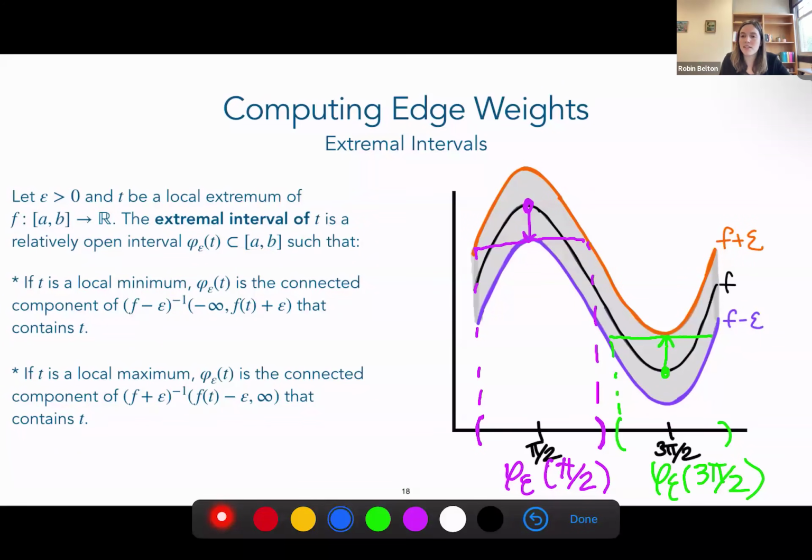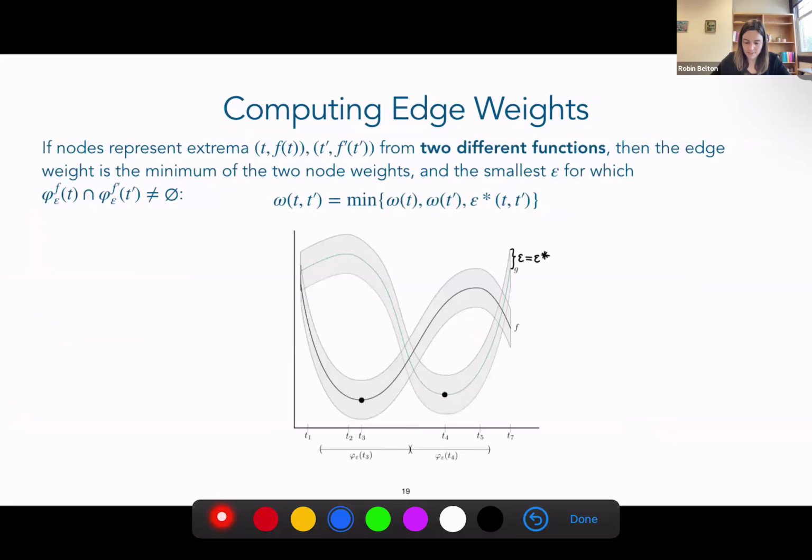And the reason why we use these intervals is because they have this nice property that if we were to take any epsilon perturbation of our function here, say this, then we will be guaranteed to have a max within this phi epsilon of pi over 2, and we're guaranteed to have a min within this phi epsilon of 3 pi over 2. And so using this property, we're able to compute these cross edge weights.